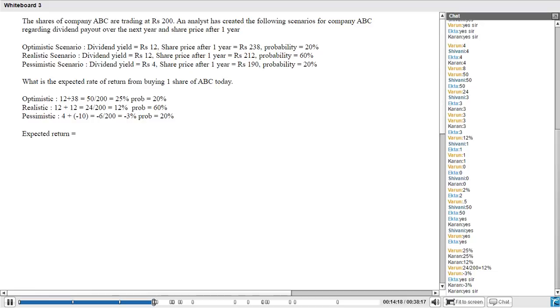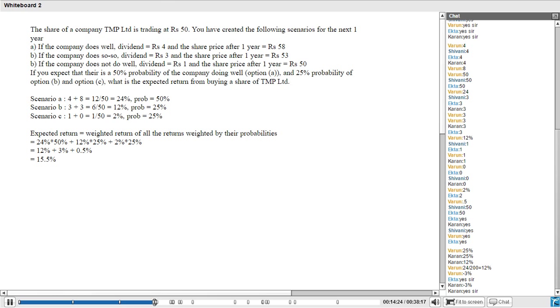What would be the expected return now? So the expected return, as we did in the previous problem, is the weighted return of all the returns weighted by their probabilities. So what would be the expected return in this case?